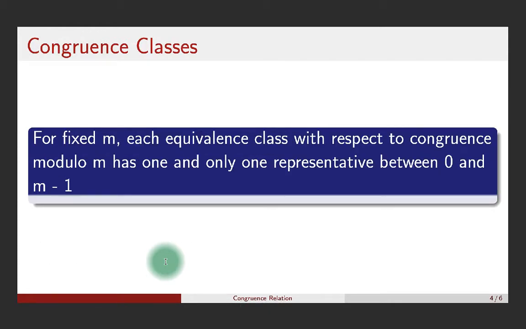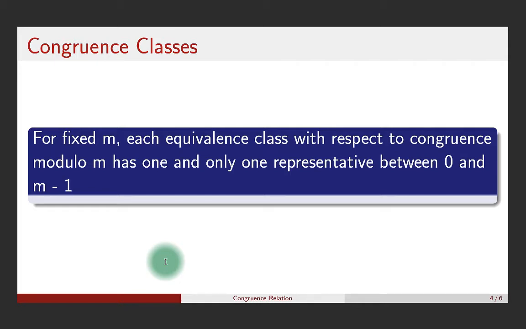Since congruence modulo m is an equivalence relation, the set of integers, that is, the set in which our relation is defined, will be partitioned into equivalence classes. Equivalence classes are a collection of sets which are mutually disjoint, and their union will be equal to the set in which the relation is defined.